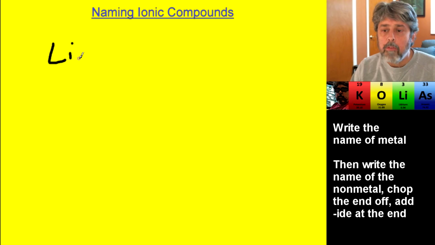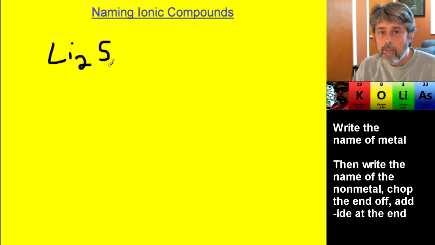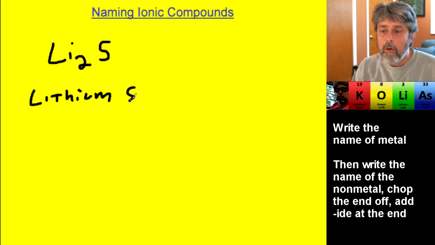And let's do sulfur. All right, so notice the 2 here, because this is the ratio that they form. We don't have to worry about the 2, though, when we're naming ionic compounds. So we just call this lithium, and sulfur becomes sulfide. Easy peasy. And let's look at one more.